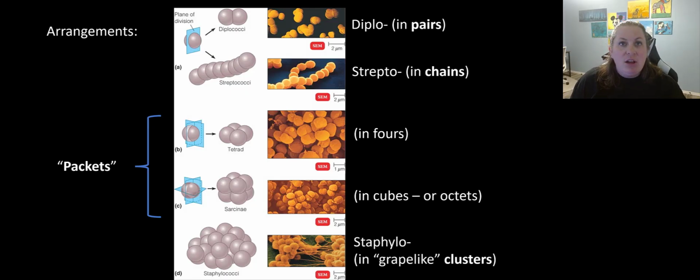So staphylo is where it looks like a cluster of grapes, and so we call that staphylococcus. Now, the reason I hit on these is because there are not as many arrangements in the bacillus or spirochete or spirillum groups. They're just on their own. They don't merge together like these guys do and make certain arrangements. There are a few, but this is one reason we focused in on the coccus group.